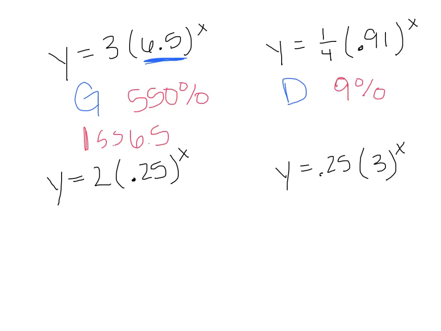Y equals 2 times 0.25 to the x. Also decay, because it's smaller than 1. How much are we decaying? Well, it looks like we're going from 100% to 25, so the decay is 75%. And the last one, y equals 0.25 times 3 to the x. 3 is pretty big, so that's another growth problem.